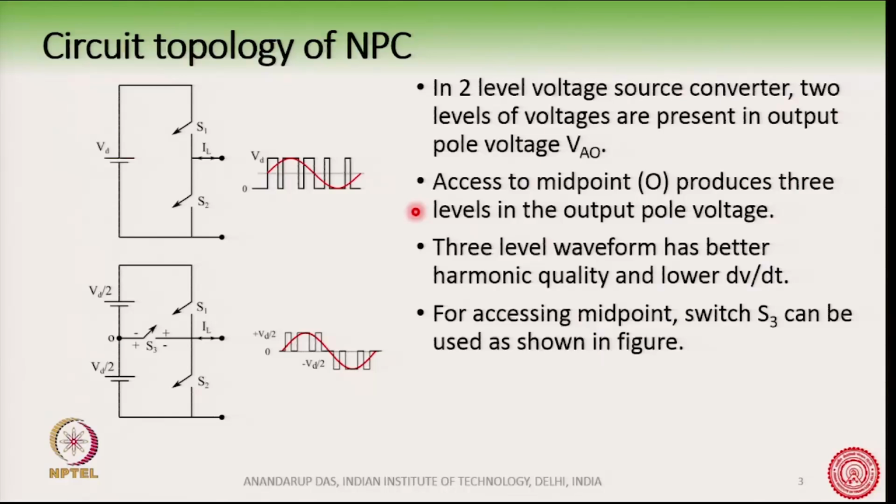So, if we can make a waveform having a shape like this here, where the red one is the desirable waveform, and what we are actually producing from the converter spans between 0 and Vd by 2, and on the negative side between 0 and minus Vd by 2, what is the benefit?